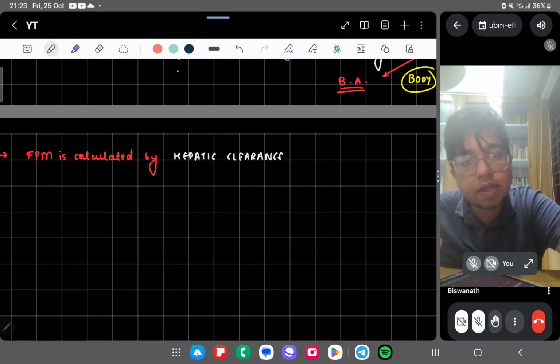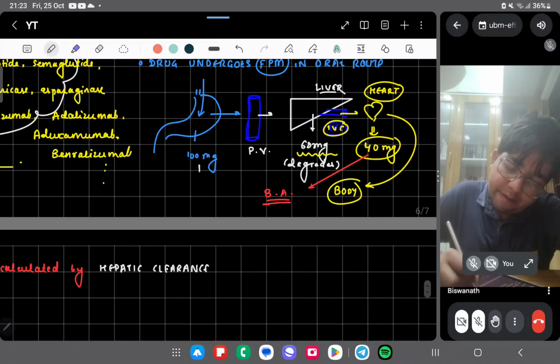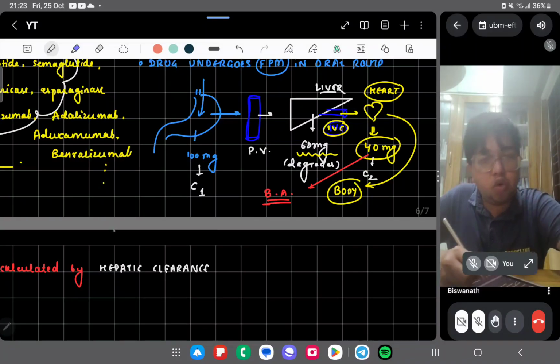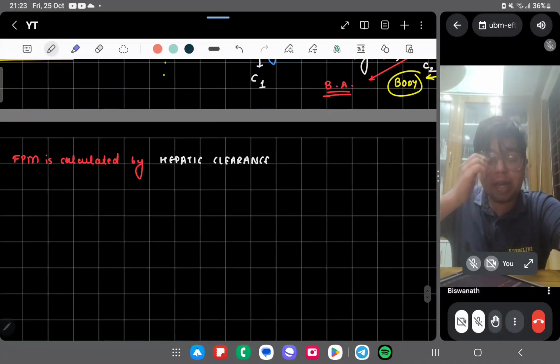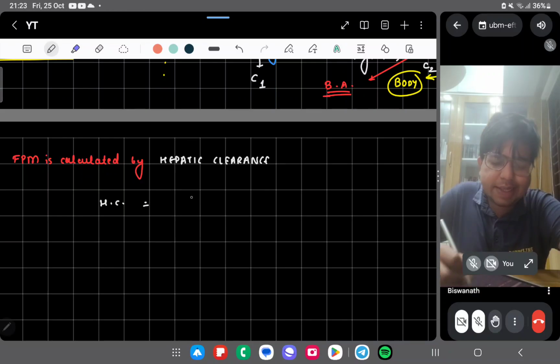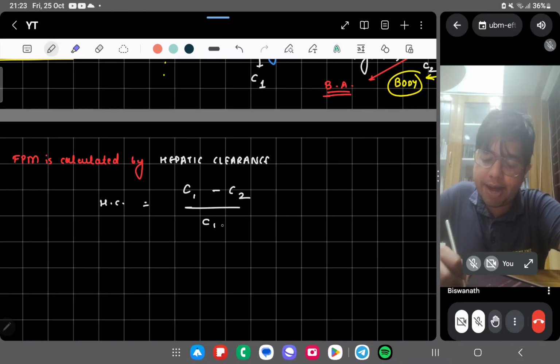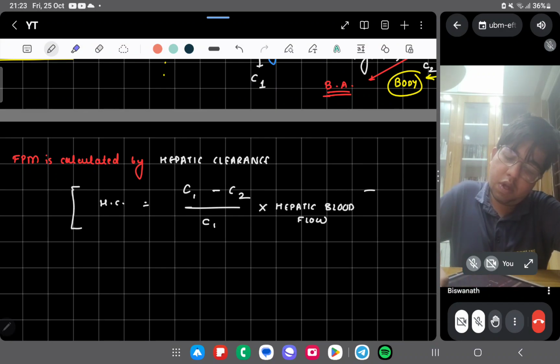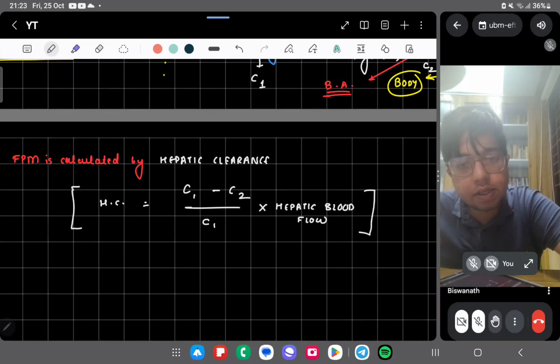Hepatic clearance. Understood? So let's say we have 100 milligram. I'm writing concentration 1. With 40 milligram concentration 2. So hepatic clearance, HC, will be C1 minus C2 by C1 into hepatic blood flow. This is the hepatic clearance, right?